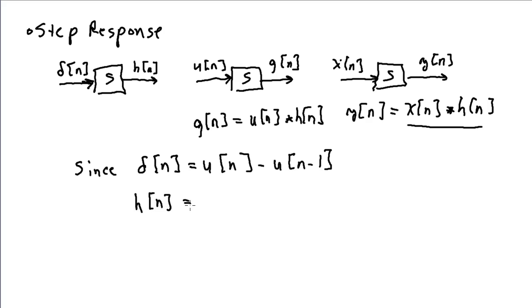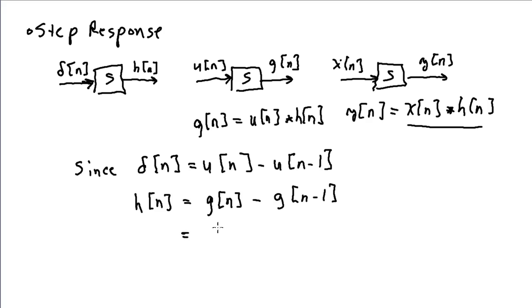So by definition, that's our impulse response. Of course, the response to u of n is what we're calling our unit step response. And by time invariance, the response to a shifted unit step is the shifted unit step response. So h of n, our impulse response, can be obtained from the step response by this equation. It's the step response minus the step response shifted one unit to the right.